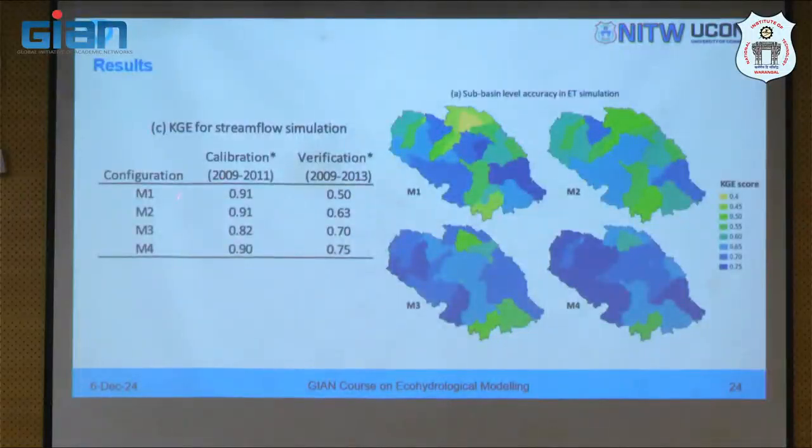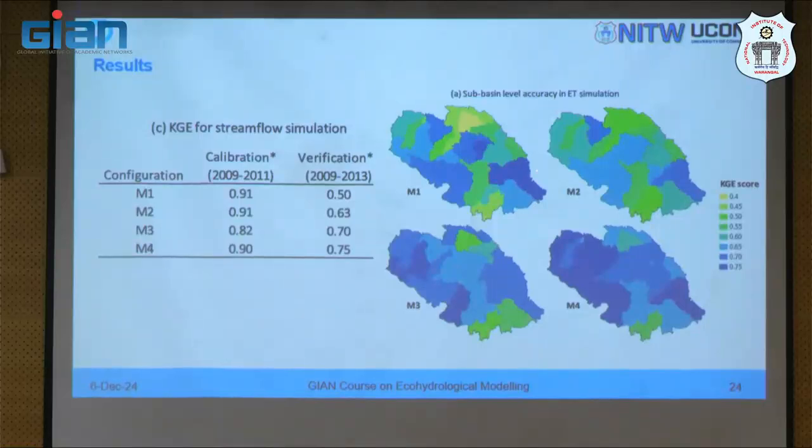Let's first see the streamflow simulations. Hardly any difference in any of the configurations. It says 0.91, 0.91, 0.92, 0.9. There is some difference in the validation period, but in general, if you see, the streamflow simulation is more or less consistent. But what happens to your subbasin level accuracy in ET simulations?